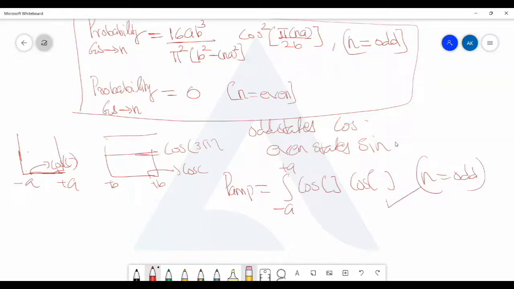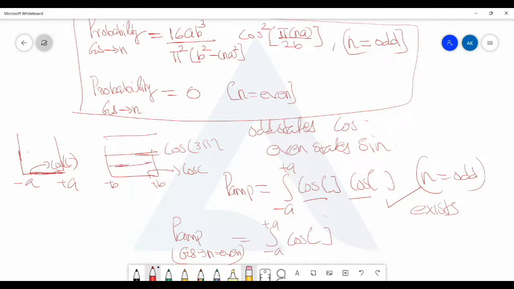Therefore, it exists, because it is an even function over an even limit. But for the probability amplitude from ground state to n even, that becomes the integral from minus a to plus a of cos, which is our ground state, times, if n is even, a sine.